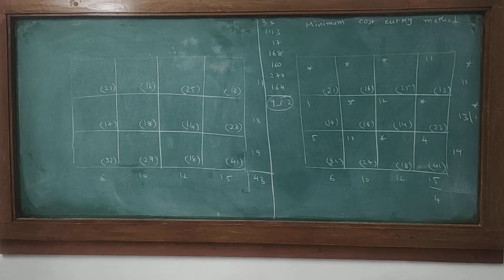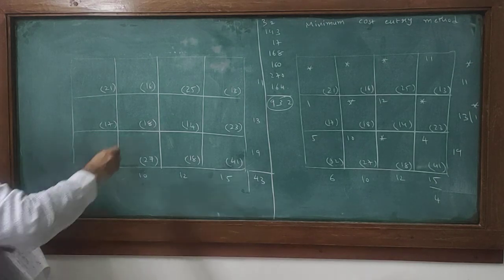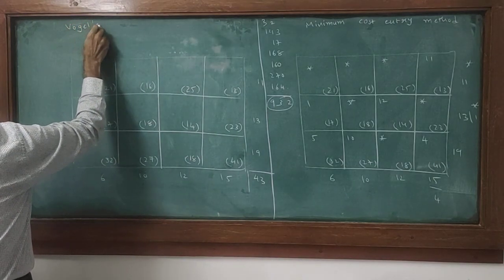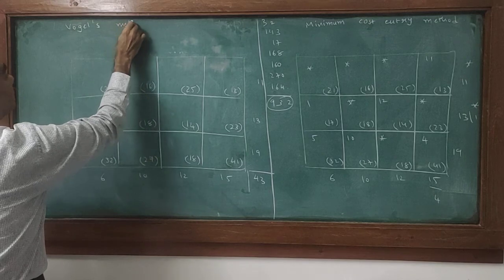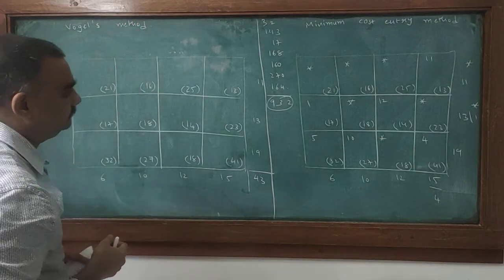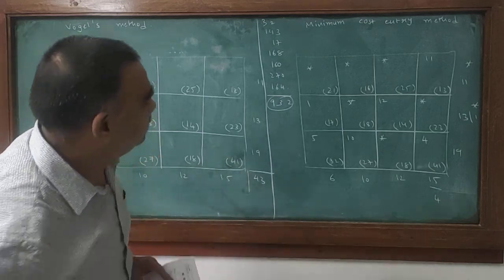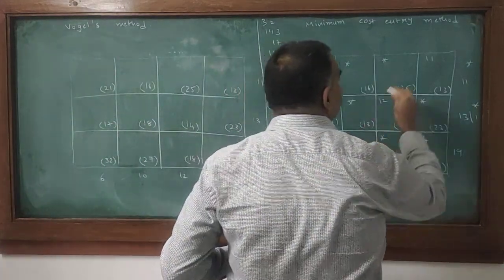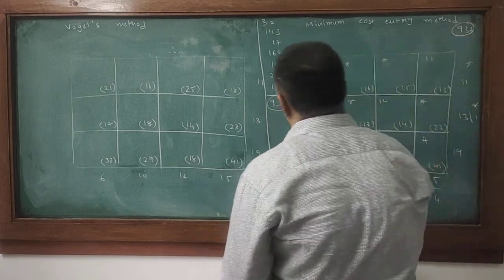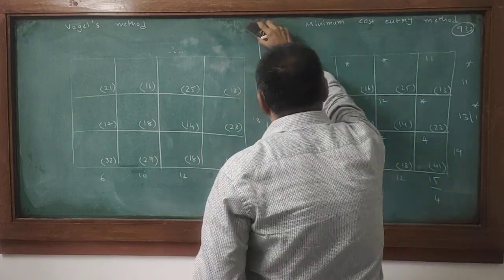So the next method is Vogel's method, or I say penalty method. And for that, 932, I write this value somewhere here, and the previous values were much higher than this one.